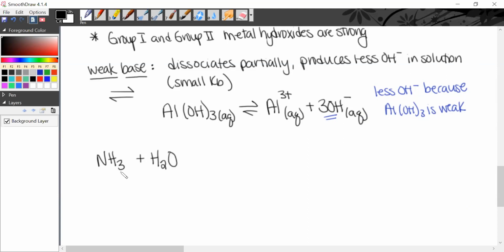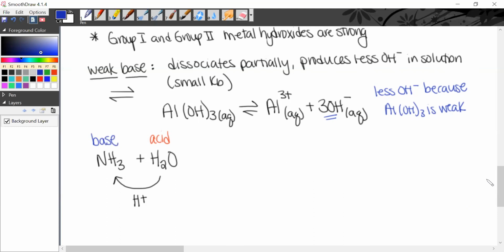So here we go. If NH3 is a base, by the Bronsted-Lowry definition, it's going to accept an H+. Where is it going to get that H+ from? It's going to get the H+ from the water. So in this case, the water is actually acting like an acid, and the NH3 is behaving as a base.